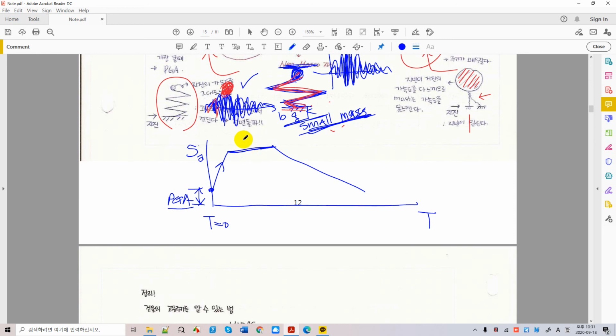We call this the resonance area, and then we go down. This is the general shape of a response spectrum. We have to construct this response spectrum and put it into Midas input.